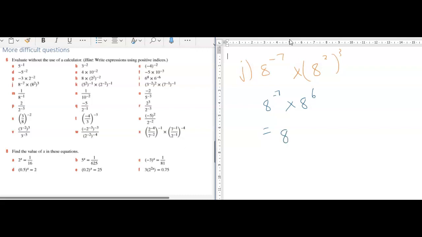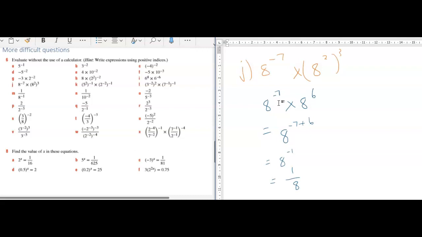Okay, so it's not 8 times 8, it's just the base 8, and then we deal with the powers. When we're multiplying, we add our powers, so it's negative 7 plus 6, which gives you 8 to the negative 1. And then using our index laws, that becomes 1 over 8. Okay, so 8 to the negative 1 becomes 1 over 8.